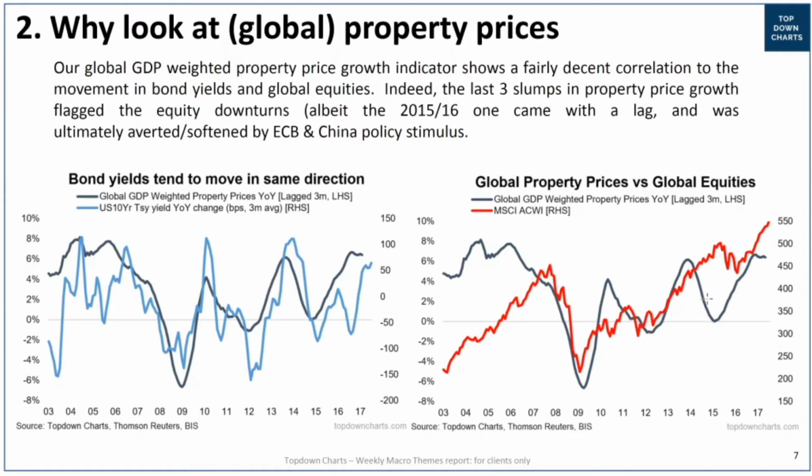And then again, more recently, the property price growth indicator had rolled over leading into the 2015-2016 market turmoil, and it came with a bit more of a lag than the previous episodes. And it was ultimately averted from going into a bear market because of ECB and China policy stimulus.